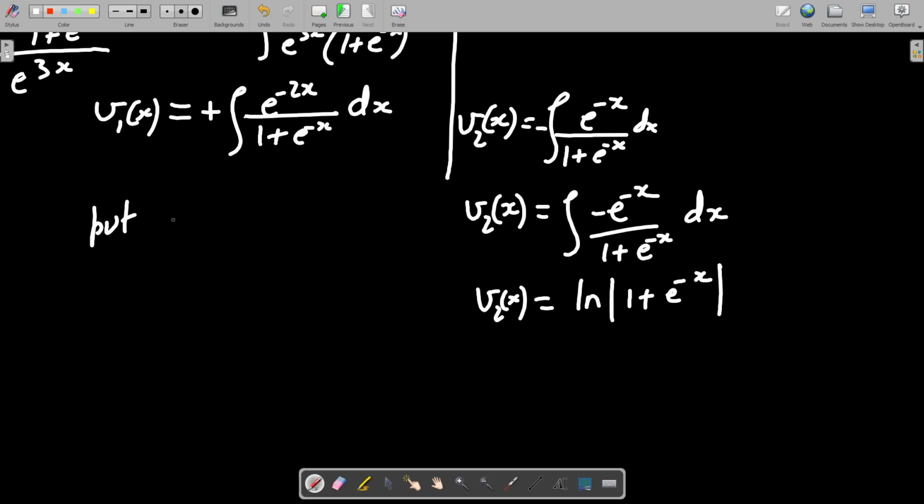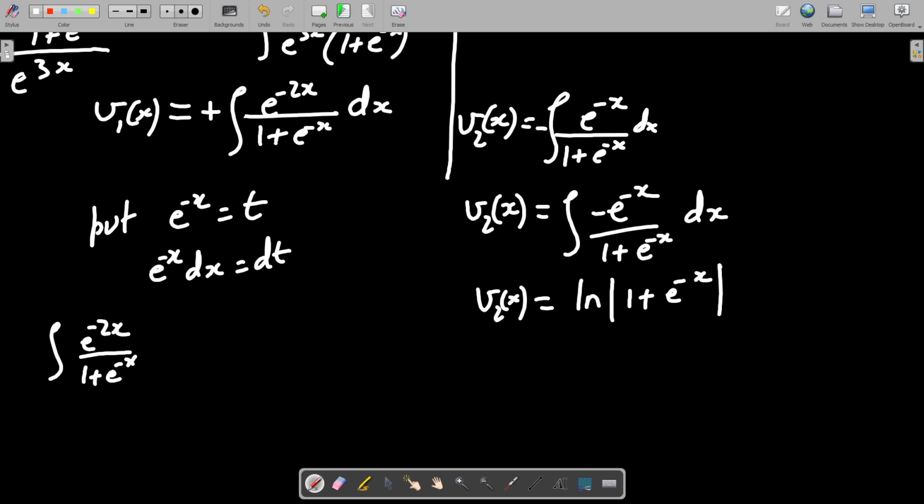Put e raised to minus x as equal to t. So e raised to minus x will become equal to dt by dx. So dx I'll take on top, right? So this V1 integral, that is e raised to minus 2x over 1 plus e raised to minus x dx.